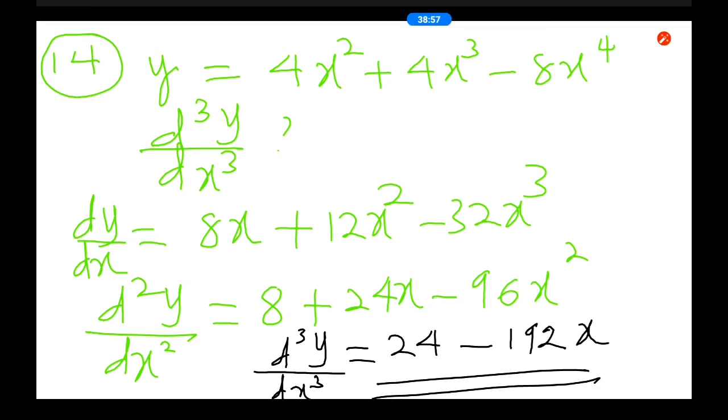Now look at the final one, which is the ultimate of all. Look at the question. It says, question 15.